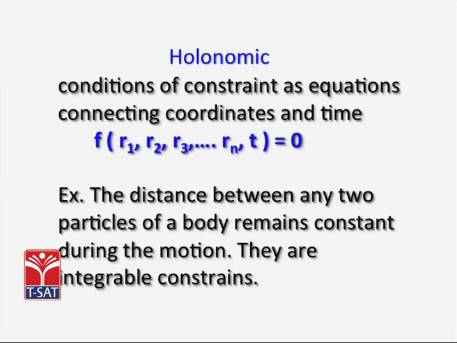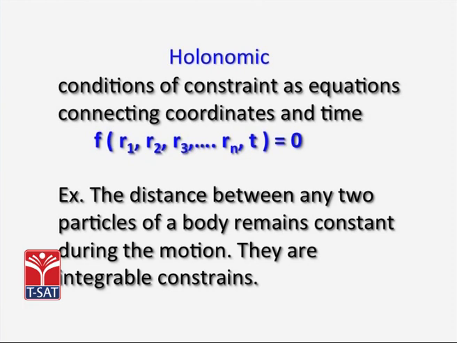Holonomic constraints are conditions of constraint given as equations connecting coordinates and time, as a function f of r1, r2, r3 etc. rn and t, which is equal to 0. Here r1, r2, r3 are the distances of all the particles of the system, and t is the time.